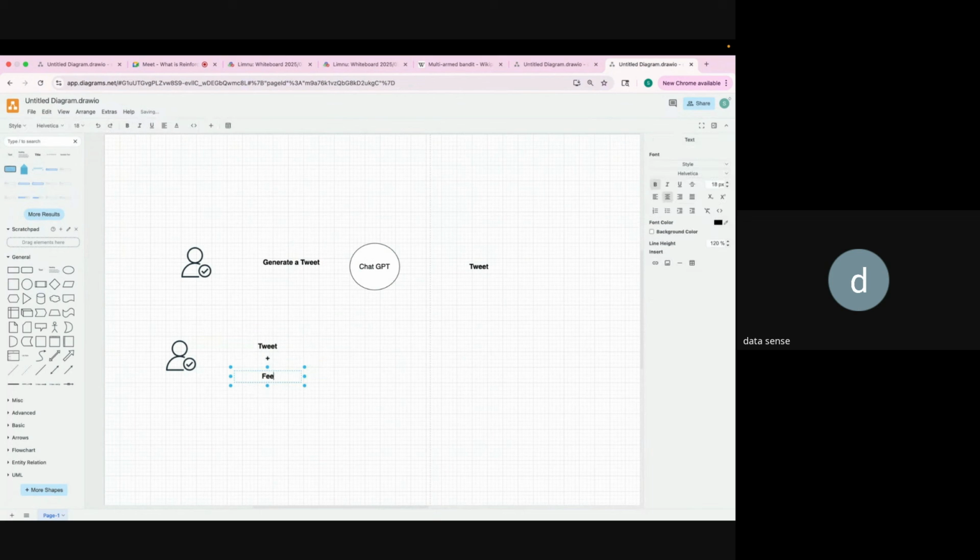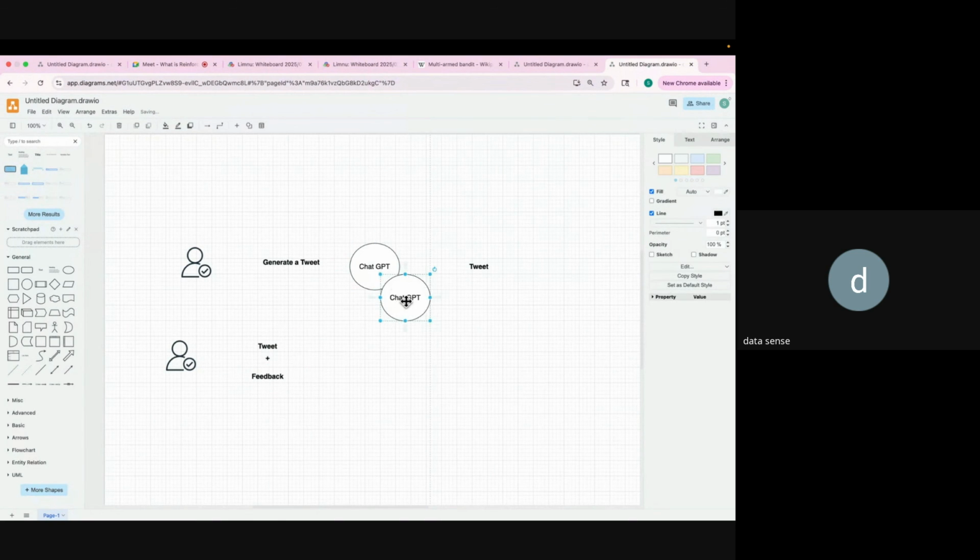The feedback could be text, or it could be a simple thumbs up or thumbs down. And you again pass it to ChatGPT to generate a tweet, given that you generated this original tweet and this was your feedback. So what will ChatGPT do? It will generate tweet 2 for you.